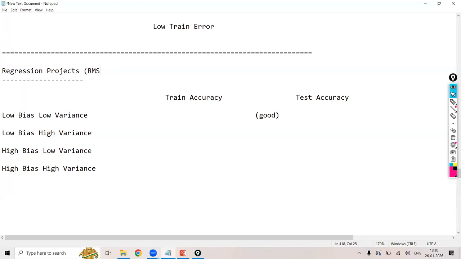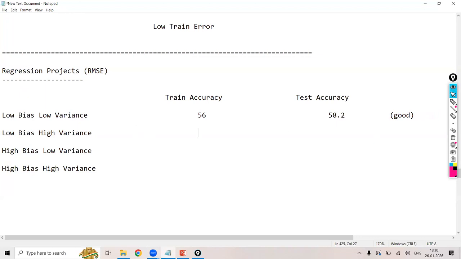Here the RMSE I got is 56, and here my RMSE is 58. This is my RMSE value. If the RMSE value is within plus or minus 5% range, it is a good model.